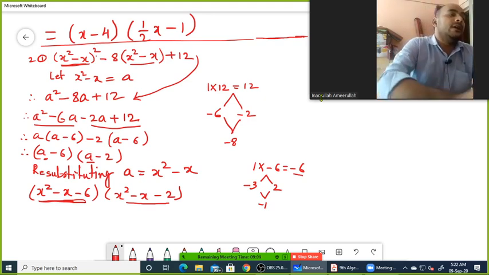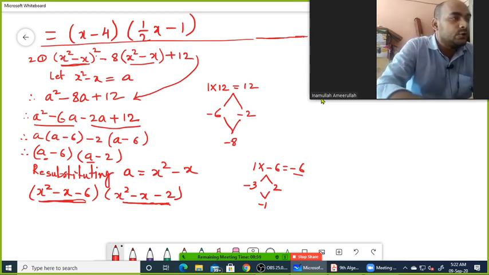Then we have another factor, x square minus x minus 2, this one. We will see whether we can factorize this or not. So x square minus x minus 2. Here the coefficient of the first term is 1 and the third term is minus 2.